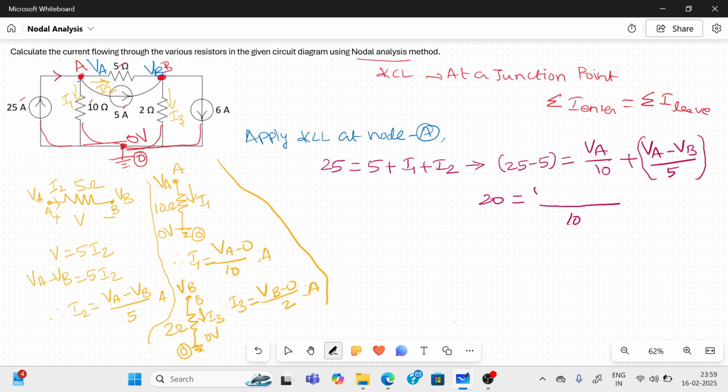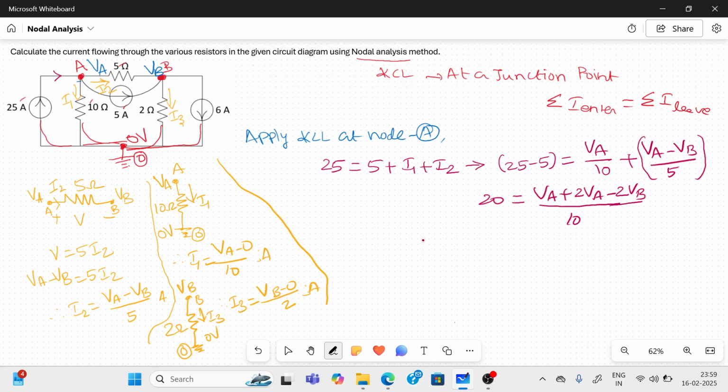This will be multiplied with 1 for VA, and this will be multiplied with 2, so 2 VA minus 2 VB.